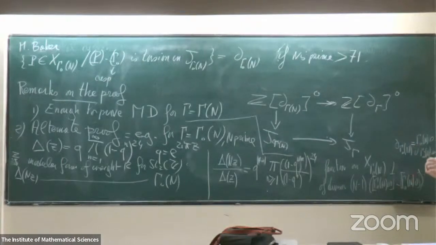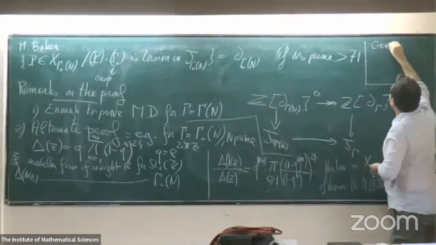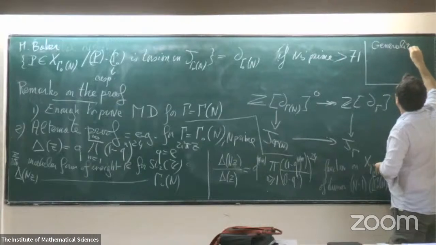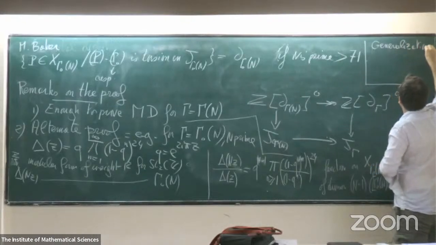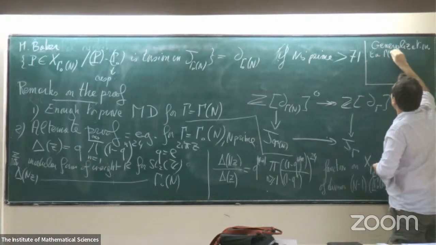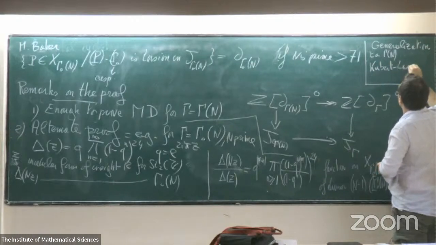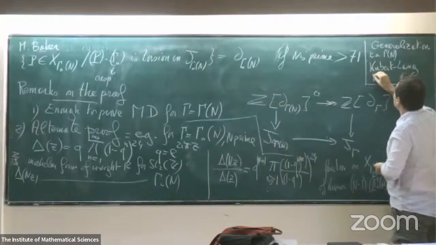To see the general method, there is a certain reference for that, which is a book on the generalization to Gamma(N). There is a book by Kubert and Lang called Modular Units.